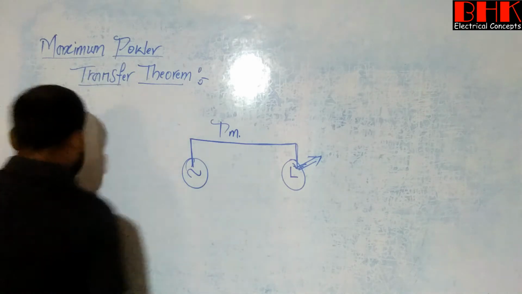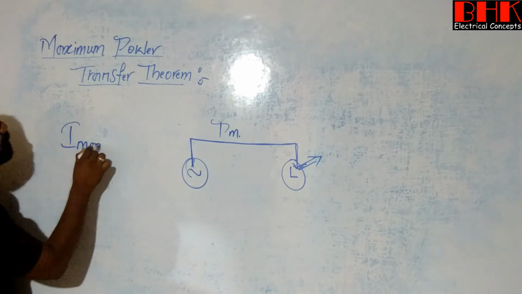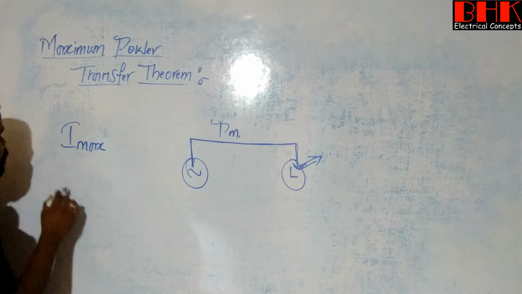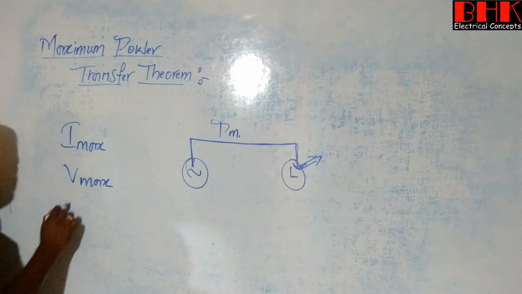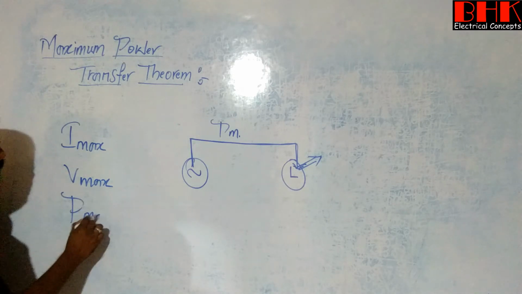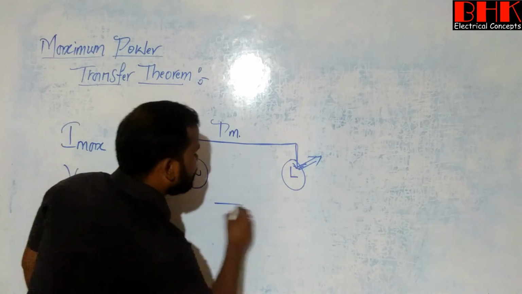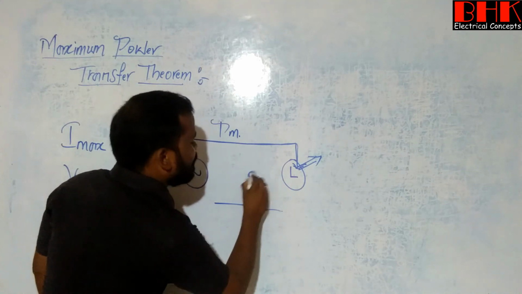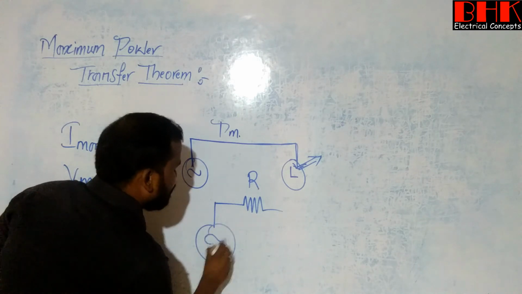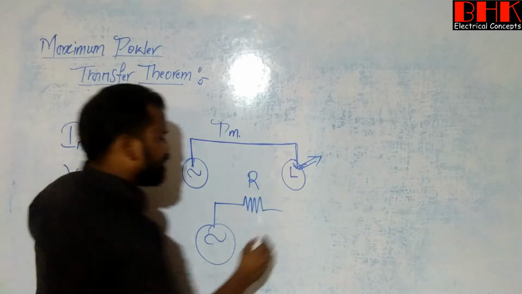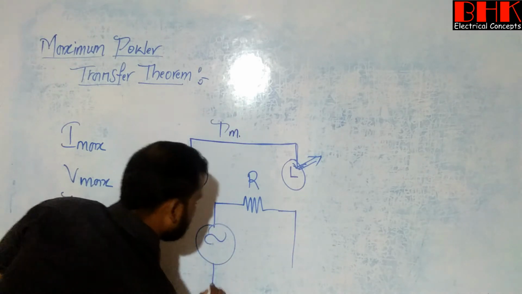For example, if I talk about maximum current, maximum voltage, and maximum power, just see here. Suppose I have one resistance like this, and a source is connected like this, and the circuit is closed.